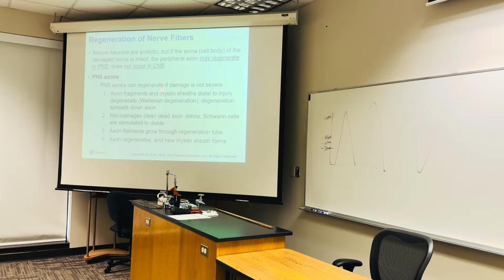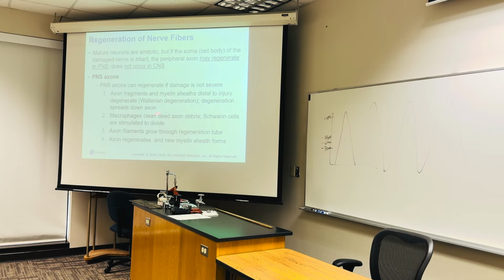Axon fragments and myelin sheath distal to the injury degenerate. Degenerate means what? After you have damage in the myelin sheath, what do you do? You break it down properly. That is called Wallerian degeneration.